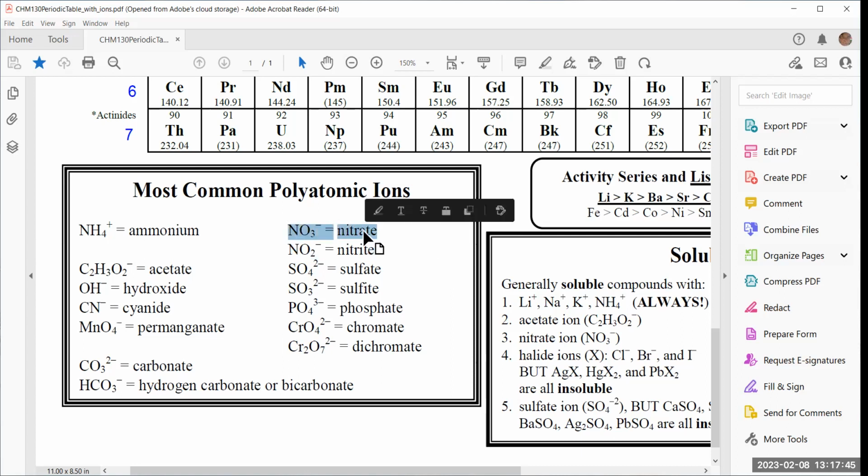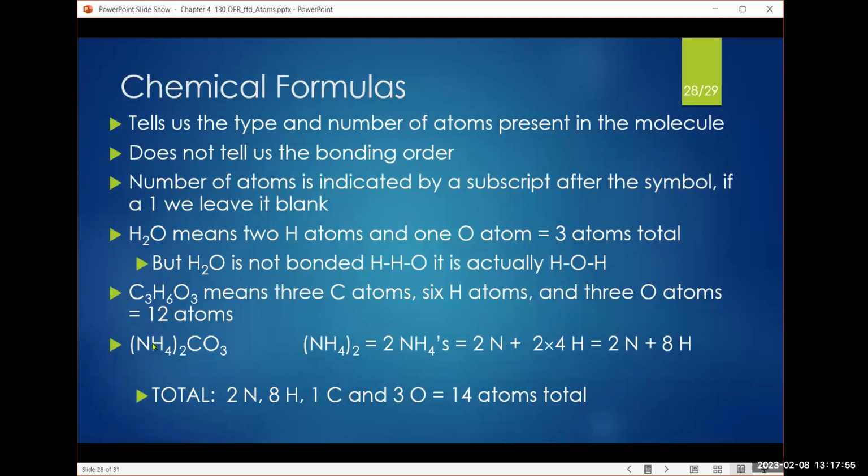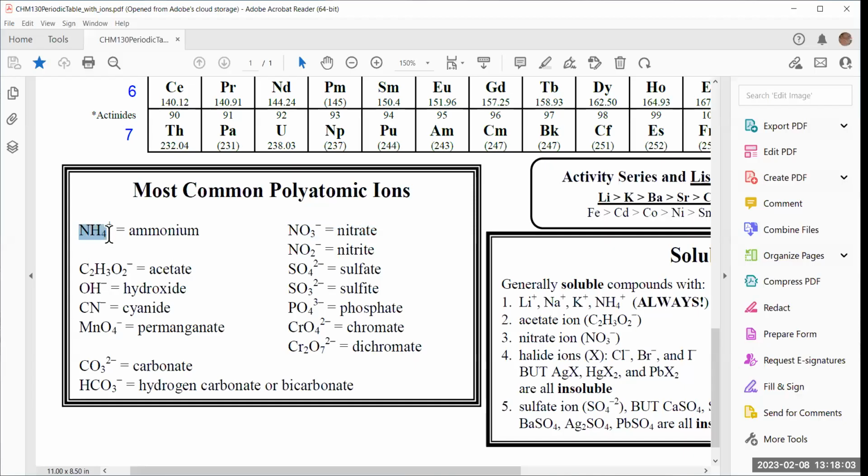And if I need to use more than one, like I stated, I use a parentheses to identify that I'm using more than one, like in this case. See that NH4 in that parentheses, guess what that is? Let's go back to periodic table. NH4 is called the ammonium ion, okay? It has a plus charge.